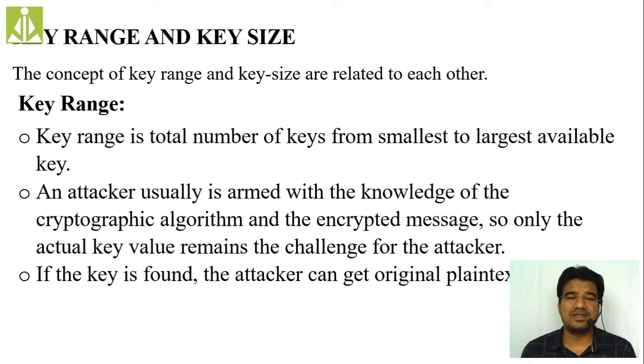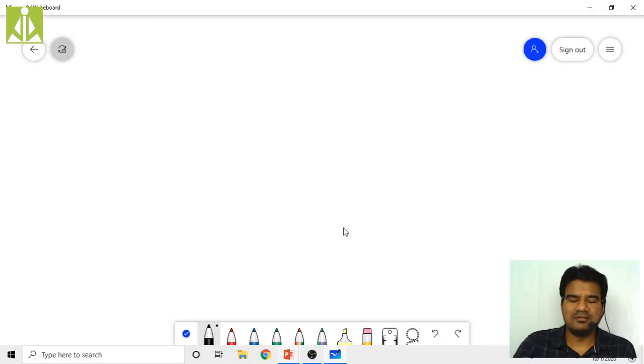I have given one passcode example for the mobile phone. In that passcode example, suppose your key size is 1, that is, if you have to enter only one digit to unlock your phone, then how many possible keys will you have? From 0 to 9, isn't it? So 0 to 9 is your key range, given one digit.